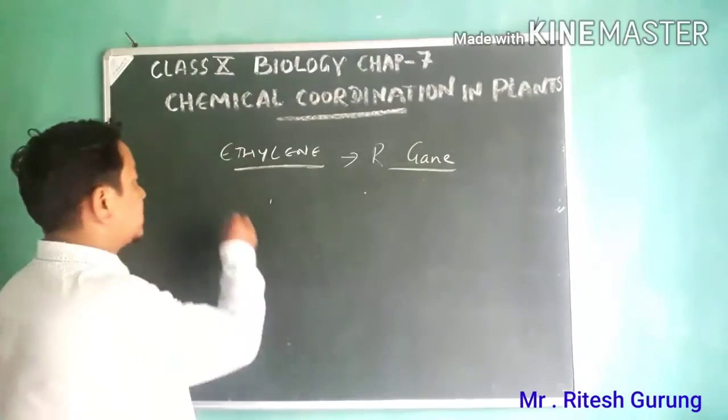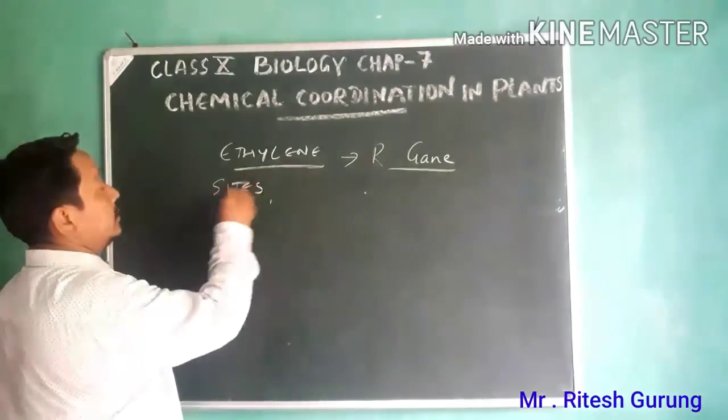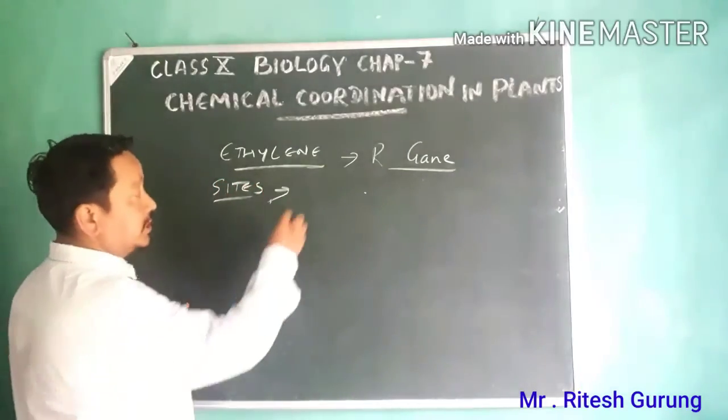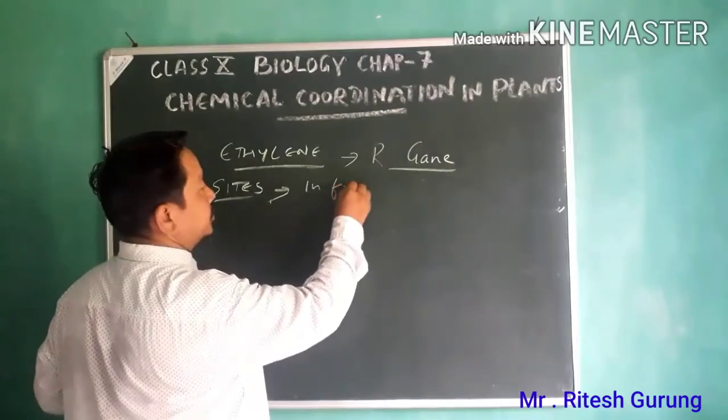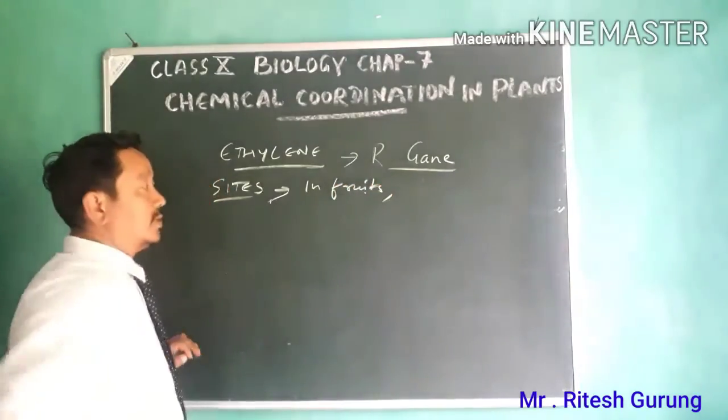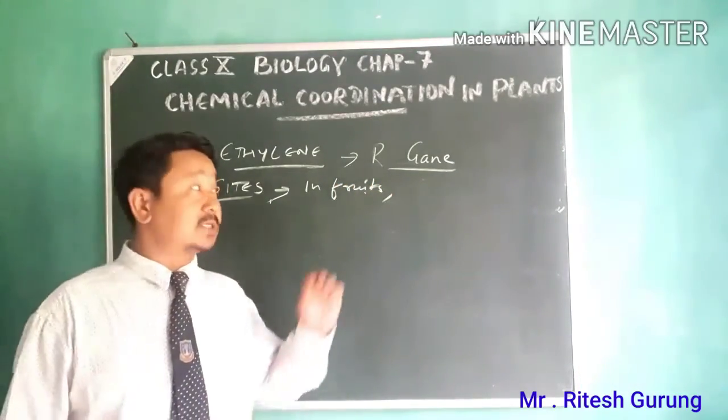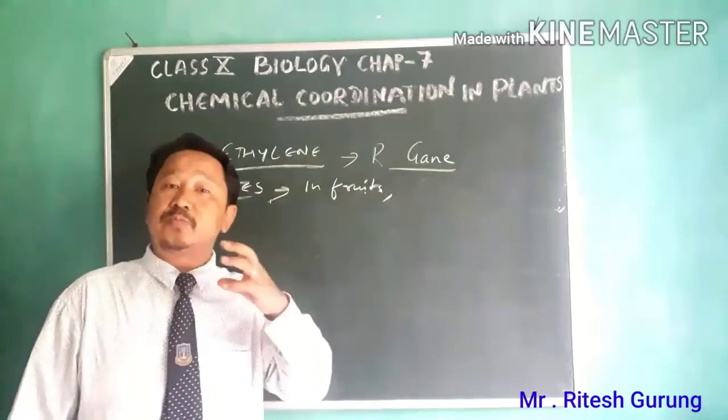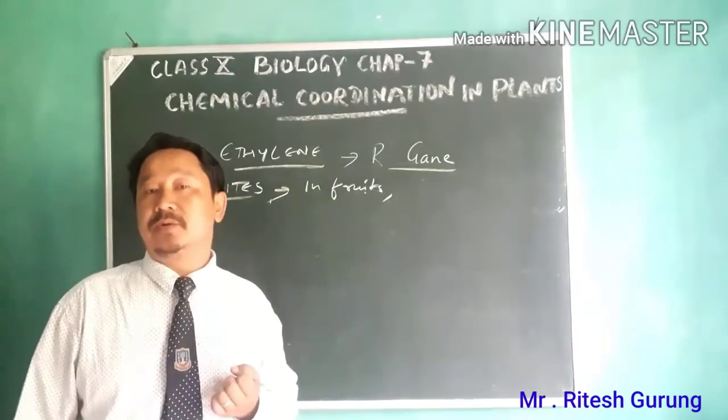Now let us talk about the place where they are produced. Obviously, they are produced in fruits, because this is the hormone which promotes ripening of the fruits.